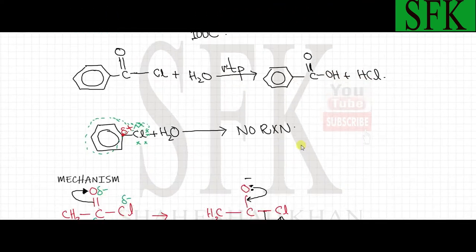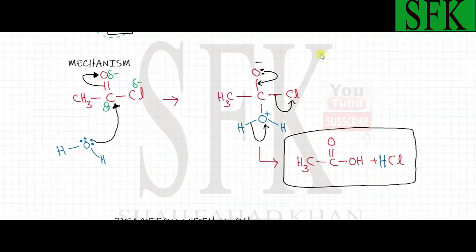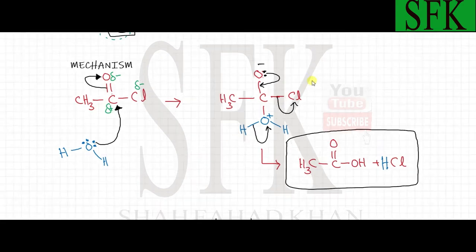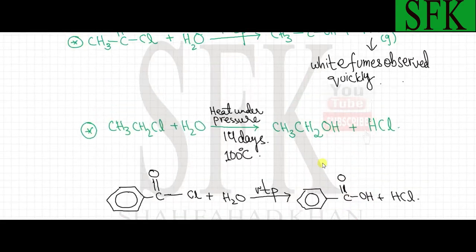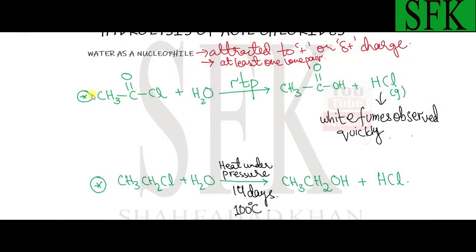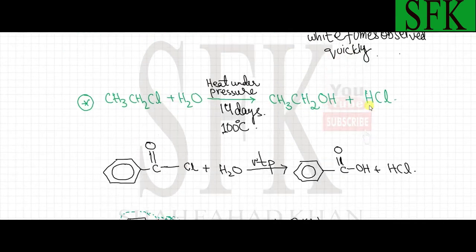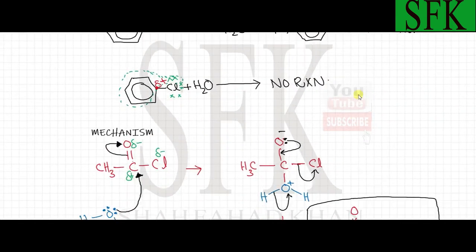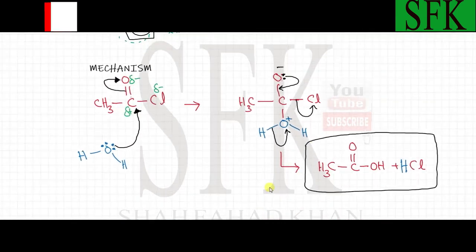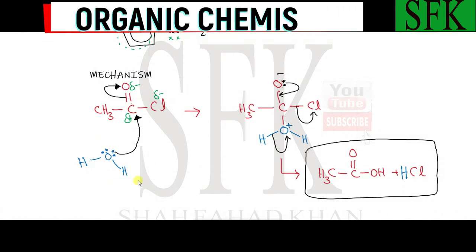Okay, now let's look at the mechanism. This is the mechanism of the first reaction that we did over here, the first overall equation which is written over here, of a 2-carbon acyl chloride with water molecule. Now let's look at the detailed mechanism. Okay, now water being a nucleophile will donate its lone pair of electrons to the region of partial positively charged carbon atom.